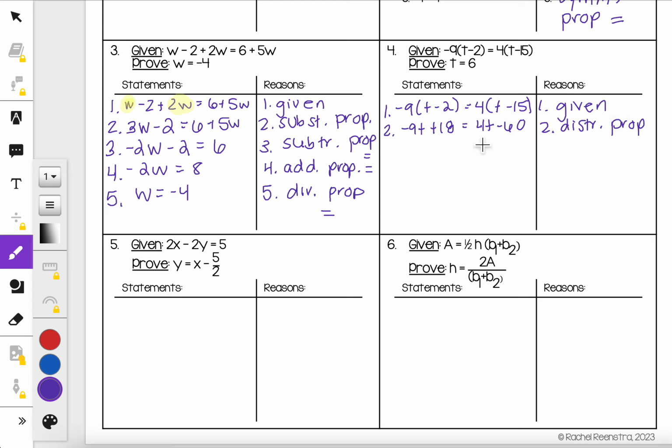Now I'm going to subtract 4t from both sides. So that's negative 13t plus 18 equals negative 60. And that was subtraction. Then I'm going to subtract 18 from both sides. So I have negative 13t equals negative 78.